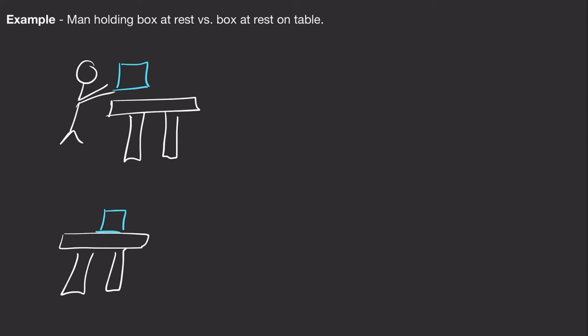Okay. So in our free body diagram in this case, the box is going to have a weight that is down, but the man is applying a force up to keep the box from falling. So we'll call this the force from the man's hand, and it's going to be up.